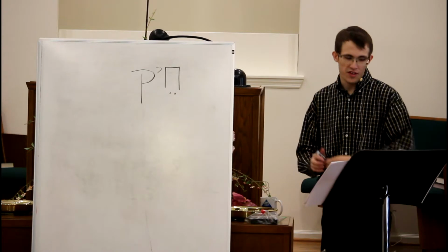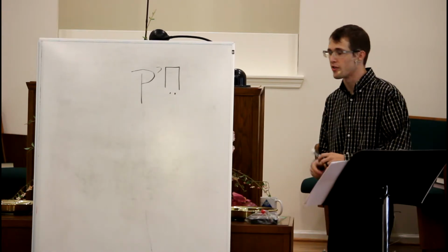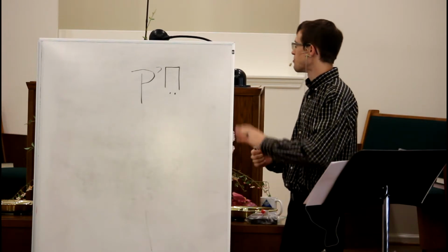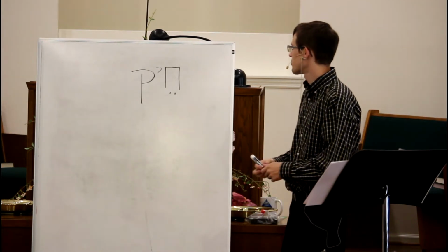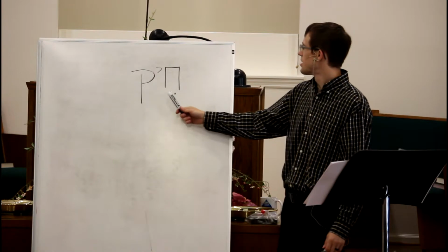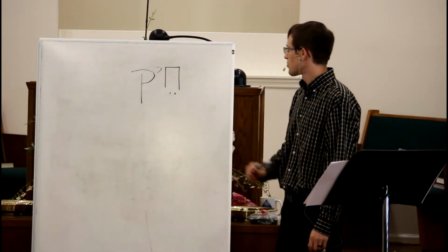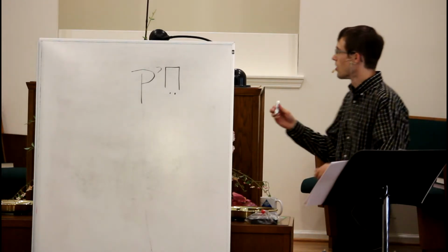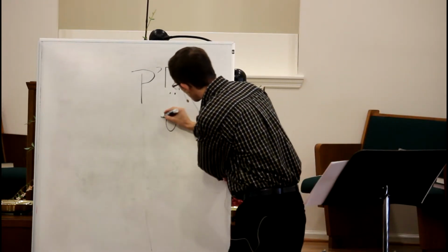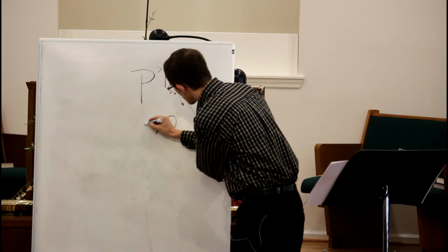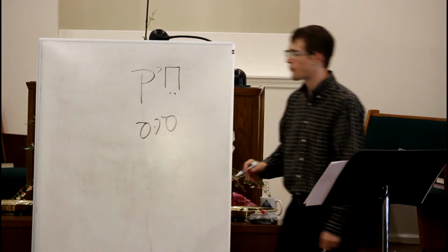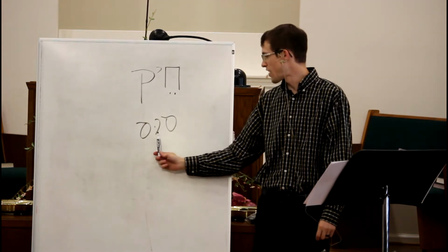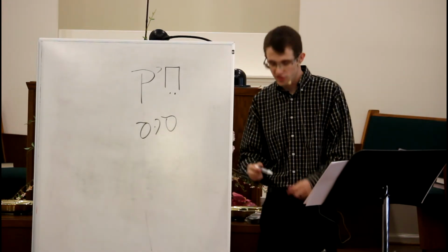So I wanted to point out that there are some words that have three letters, because I think I said last week, maybe an error, that syllables can only have two consonants. There are some words. Another is sus, the Hebrew word for horse. Three letters, one vowel, your shurek, one syllable.